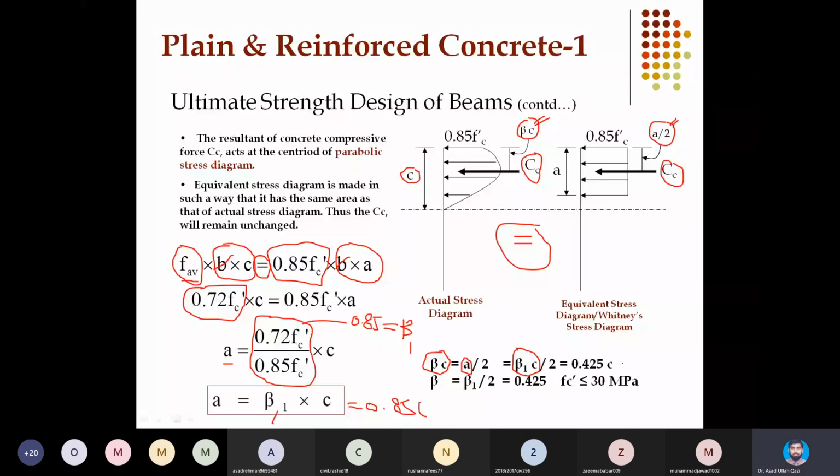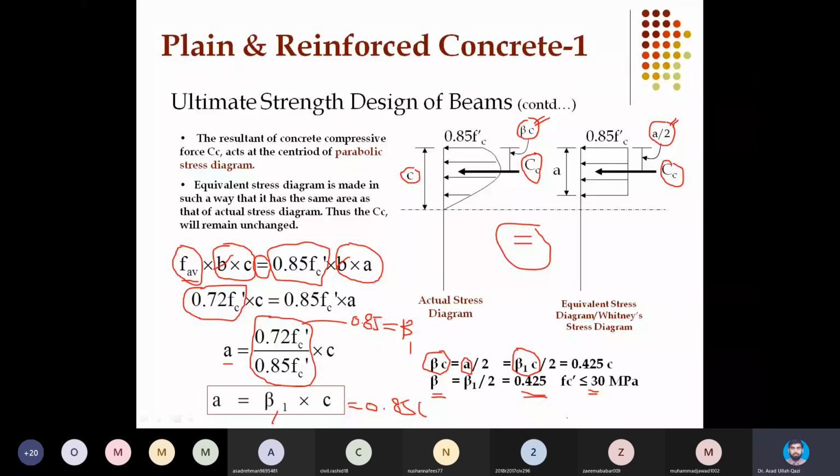So I have c on this side, c on this side, so it means what is beta up to concretes of 30 megapascal. If I use beta equal to 0.425, this will give me the point of application of both pictures equal to each other.